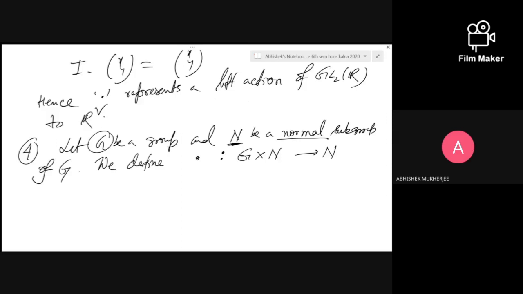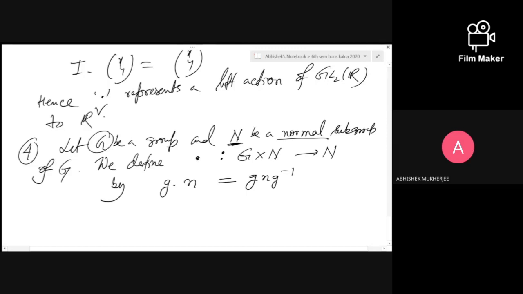So the definition is that dot, colon G cross N to N, will be defined by taking one element from the group G and another element from the subgroup N. So g dot n. What will be g dot n? The natural choice of the image is g n g inverse.